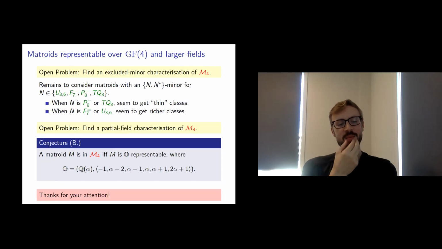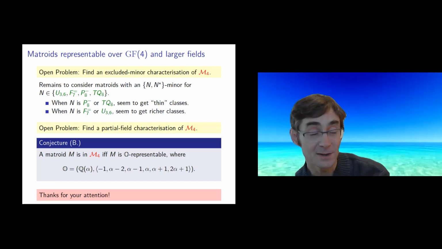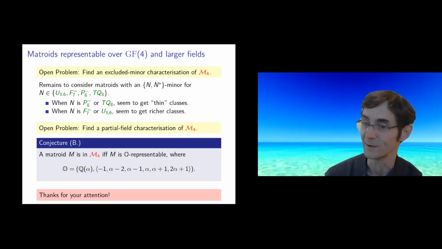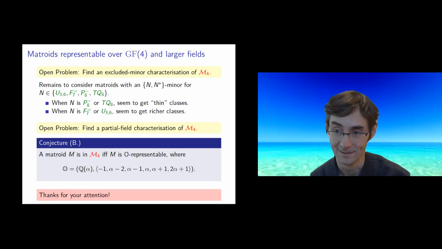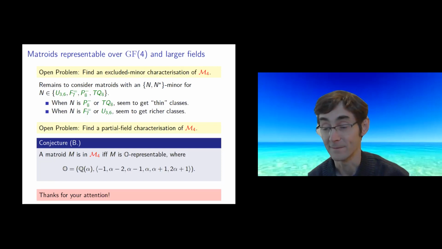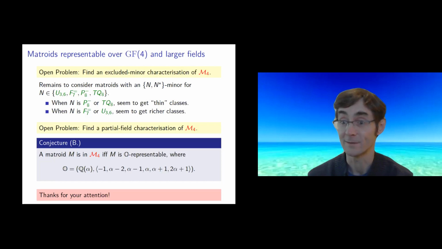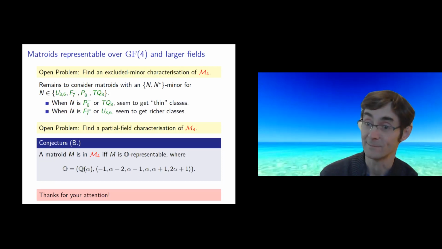Yeah, that's a good point. So for example, for GF3, there's a nice way to finish off the proof, because you can basically say that if I can delete 2 elements and stay connected, then I'm a fan. And you don't need to do much in the proof for that; that comes out really fast.